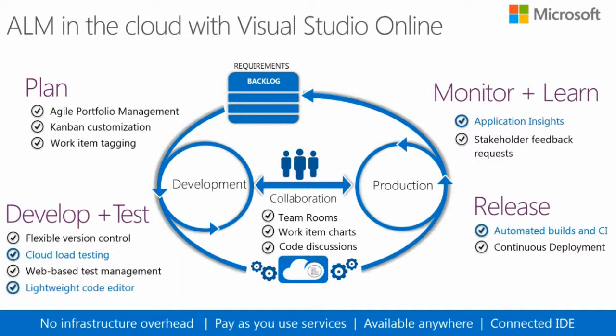Today, I want to take a deeper look into a few key scenarios that we've enabled in Visual Studio Online. That's our cloud load testing service, a completely new lightweight browser-based code editor, and our hosted automated builds. And we'll also touch briefly on Application Insights, which will let you learn more about your application while it's running.